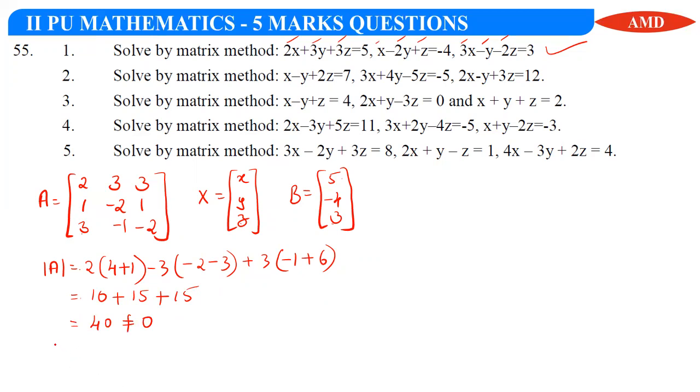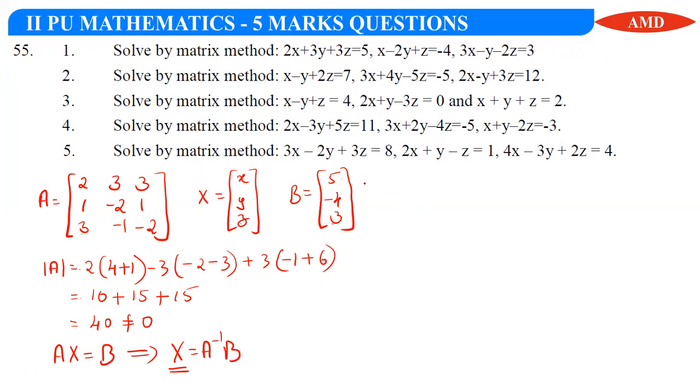Next part is, in fact, x is equal to A inverse into B. That is because the given system of equations can be written as the matrix equation AX equal to B, which can be further rewritten as X is equal to A inverse into B. Here we will be interested in finding X, which is the unknown matrix.